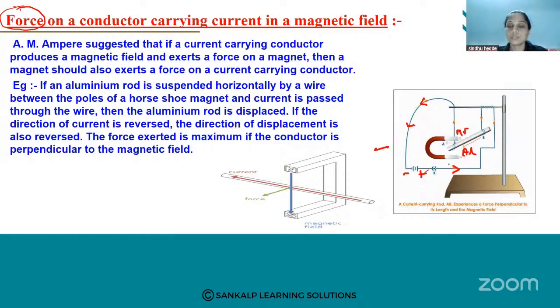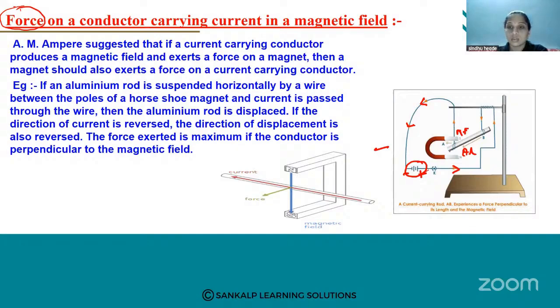Okay. Then, again, we observe one more thing here. What is that extra thing? See, for example, consider now the circuit is like this. This is the positive and this is the negative terminal. Current starts flowing in the circuit and a magnetic field is generated in this circuit now. Because this circuit contains a conductor, when the current flows through the conductor, a field is generated. We know that.